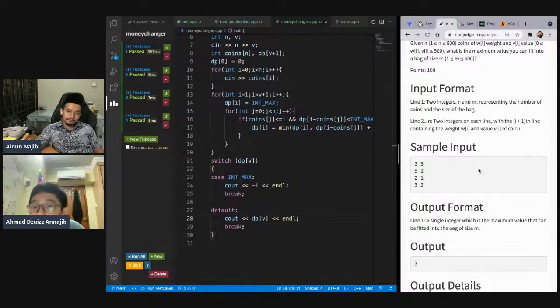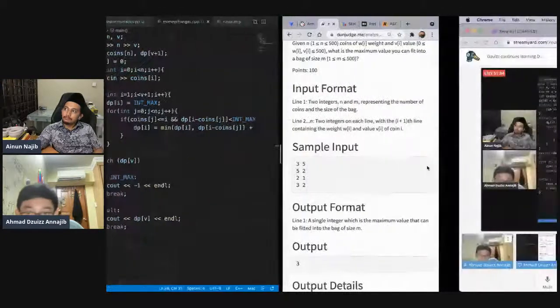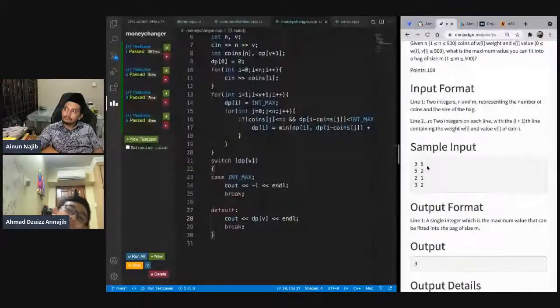The number of coins and the size of the bag, two integers on each line, and the value. This is kind of the same as just now.